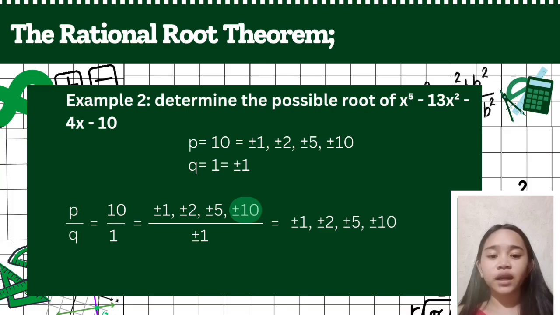Next, positive negative 10 divided by positive negative 1 equals positive negative 10. And here are the possible rational roots of our equation x to the power of 5 minus 13x cubed minus 4x minus 10. So the rational roots of our equation, p divided by q, are positive negative 1, positive negative 2, positive negative 5, and positive negative 10.